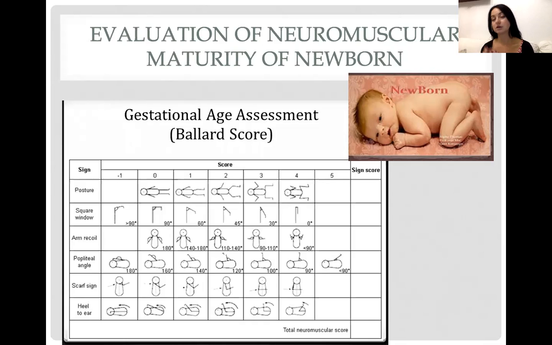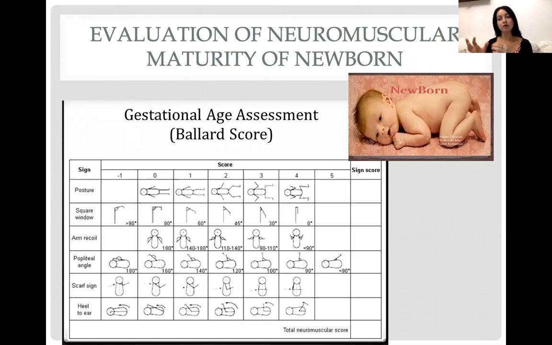There is a second part of Ballard score. The second part includes the morphological signs of maturity of a preterm baby, like shape of ear, presence of testicles in scrotum, position of umbilical cord, presence of primary hair. It is a different part of Ballard score, which evaluates the general appearance of the newborn baby.